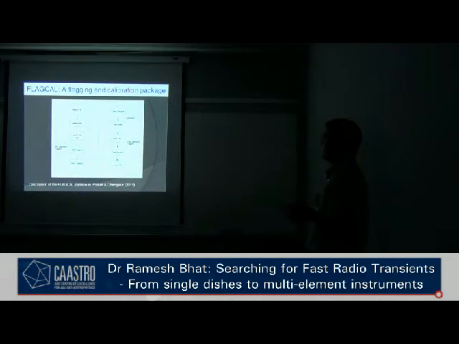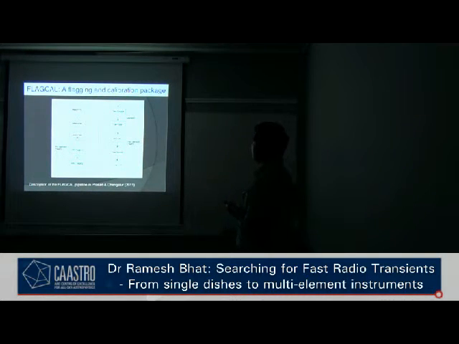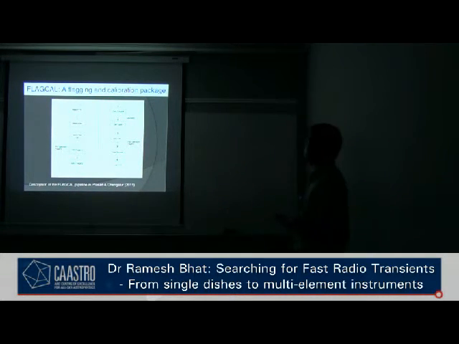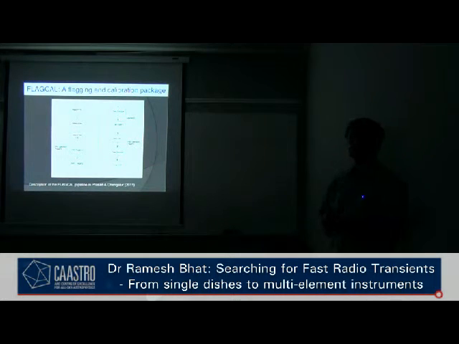So for the imaging pipeline, there is custom-made software which works quite well for GMRT data, because one of the biggest issues with GMRT data is RFI, because of the frequencies and bandwidths that you work with.